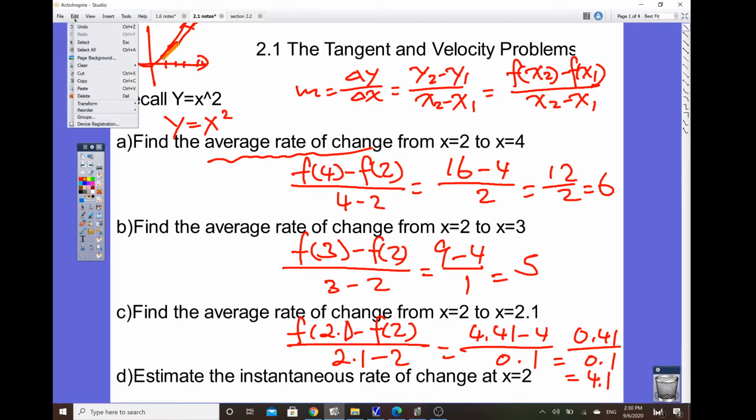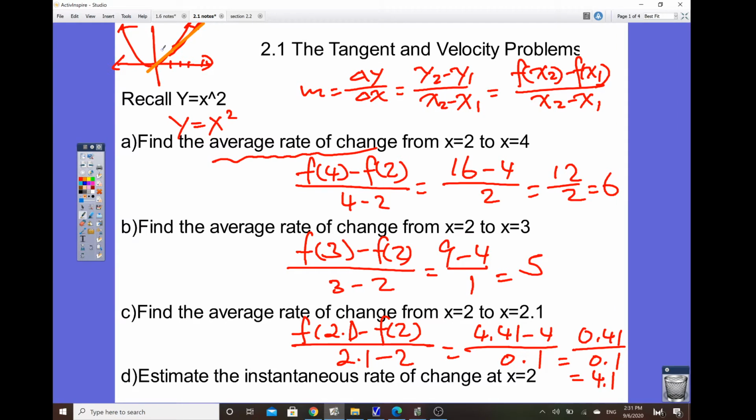Okay, let's just resketch the graph. It's hard to see that. Undo. So let's say we do have the secant line, and then the other one is the tangent line.